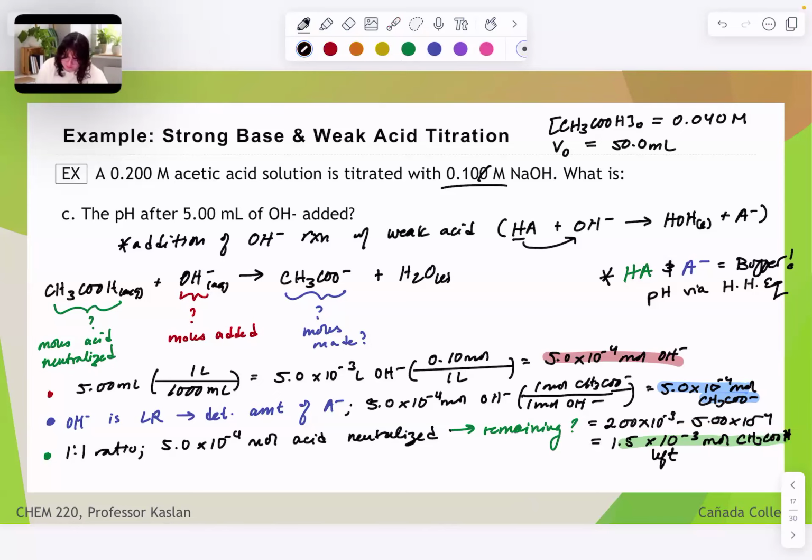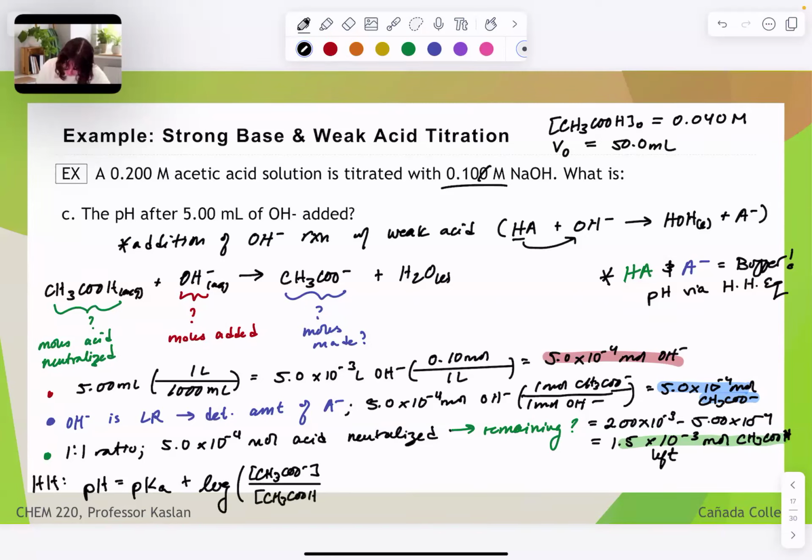So I'm going to go ahead and write out the Henderson-Hasselbalch equation. pH is equal to the pKa plus the log of the proportion of concentration of conjugate, here the acetate, over the concentration of acid, acetic acid.